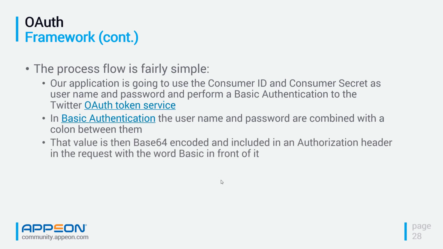You send that as a request header with the word basic in front of it, and then if that authenticates on the server, they send the token down. Now, you don't have to worry about these steps. This is just informational. When you set up the token request object, it takes care of all of this for you.